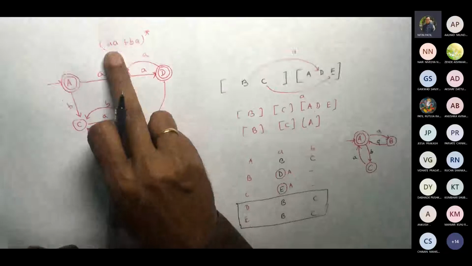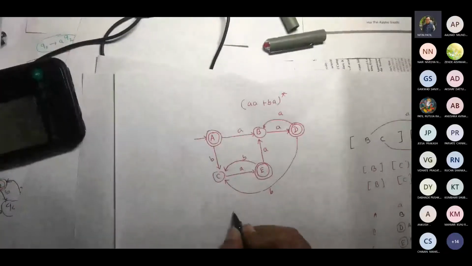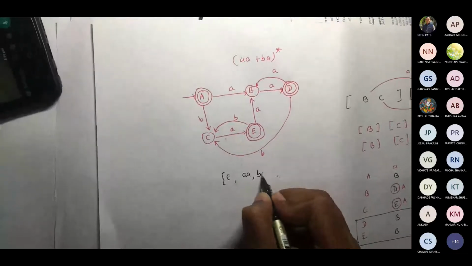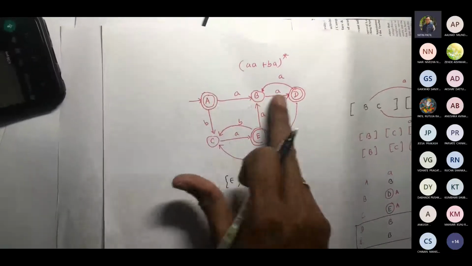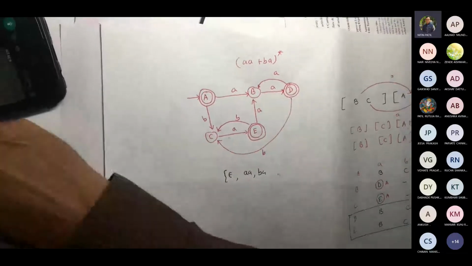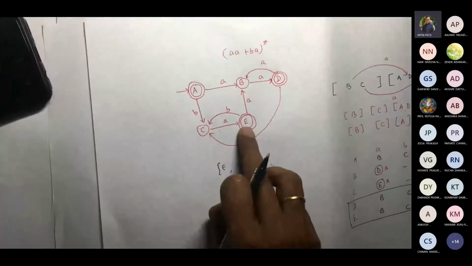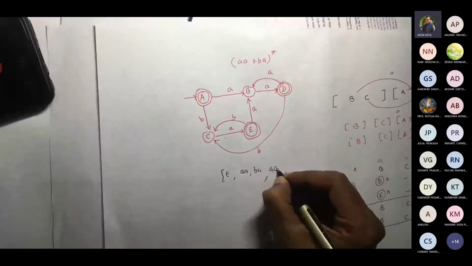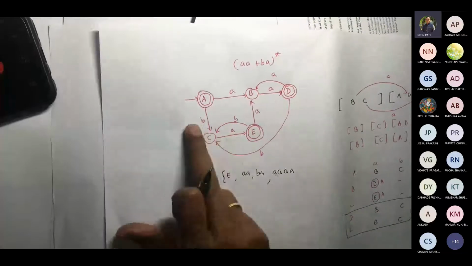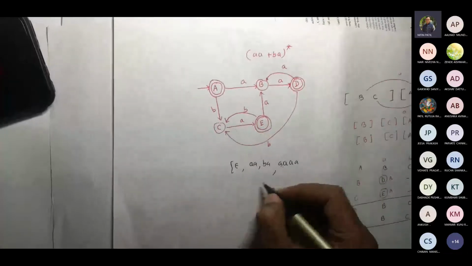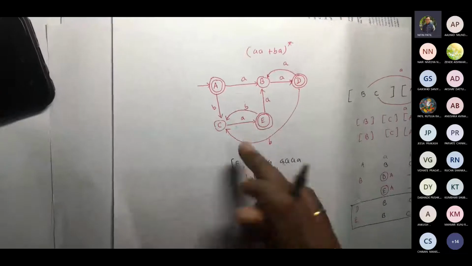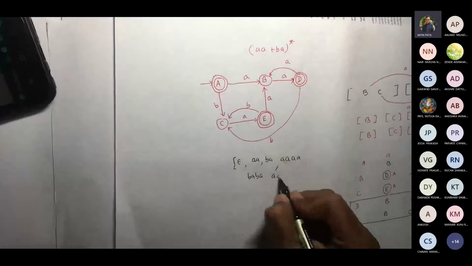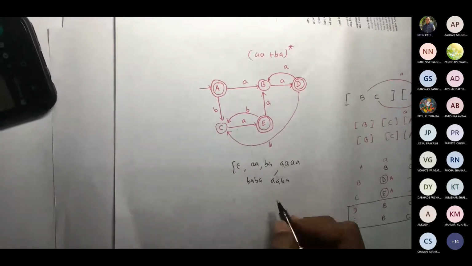Now see, what would be the language here? Epsilon, then AA, then BA. See, epsilon, then AA, correct? Then BA, it is done. So A, B, A, correct?